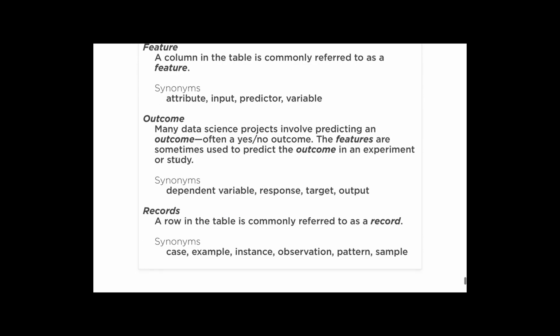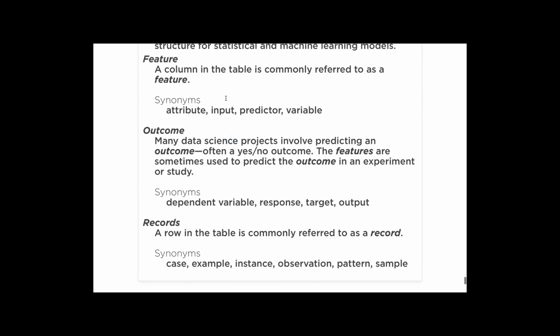Outcome. In many projects, we're predicting outcomes, right? And sometimes features are used to predict the outcome in the study. Those outcomes can also be known under the name dependent variable, which you may have heard a lot in statistics, or response, target or output.